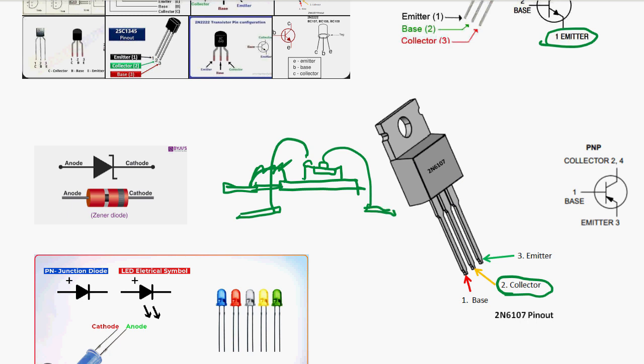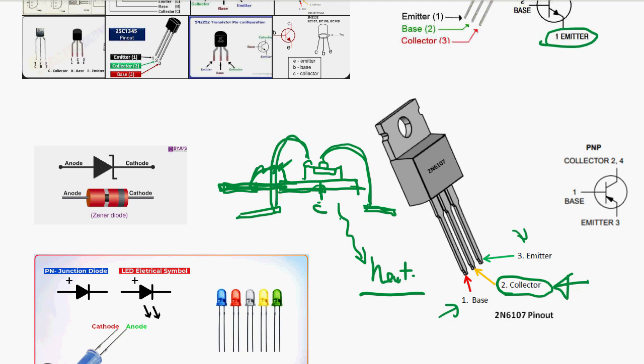The collector is directly connected to the lead, because the collector is what dissipates heat. For heat dissipation, the collector has to be the substrate. So the substrate collector is in the middle, and the emitter and base are connected by bonding wire. Okay, so for mechanical reasons, they have a different arrangement in the leads.